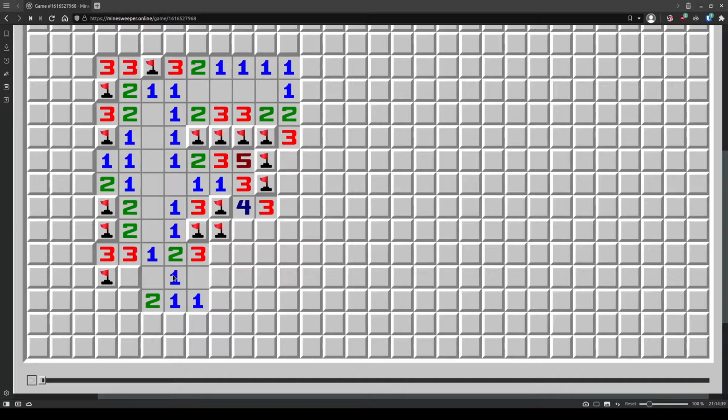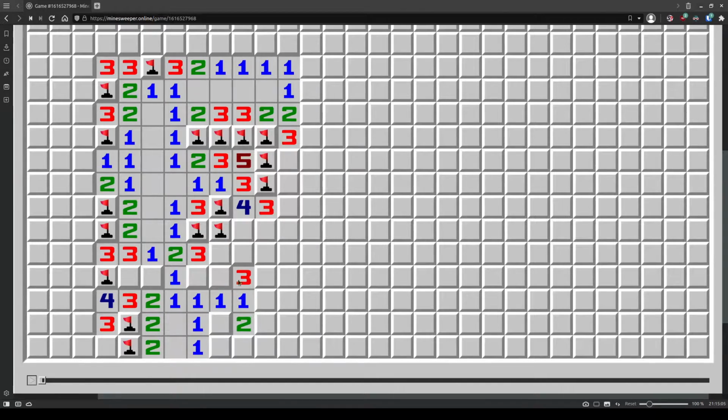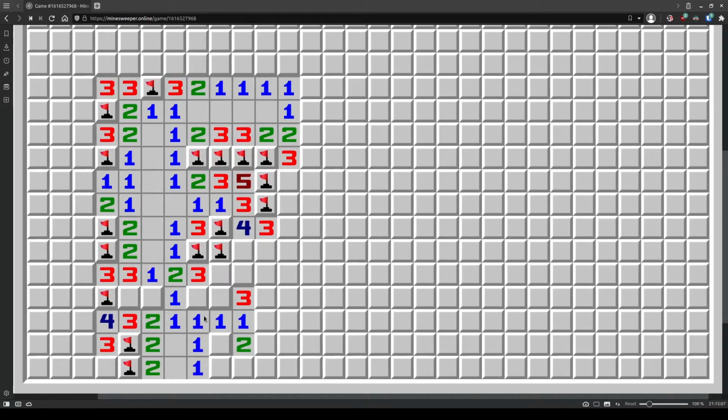Here you can use reduction, because these two cells are inside the field of this number here, which means that the mine is somewhere in these two cells, which means these are free. Reduction again. You can use reduction again, freeing the two here. These are free cells. Reduction yet again.